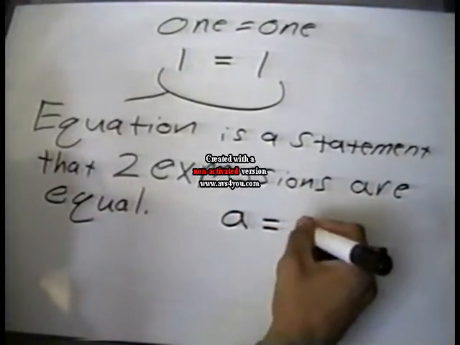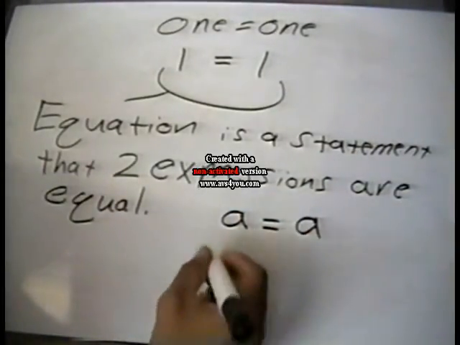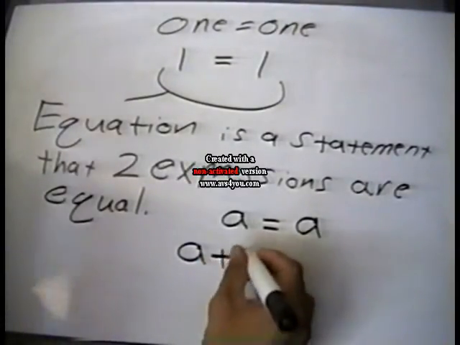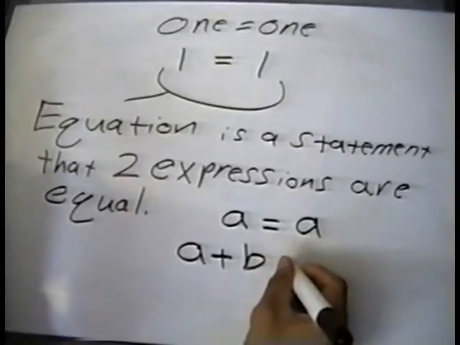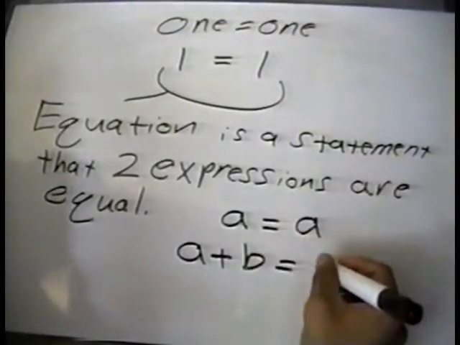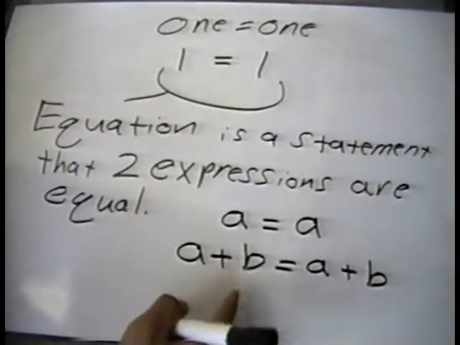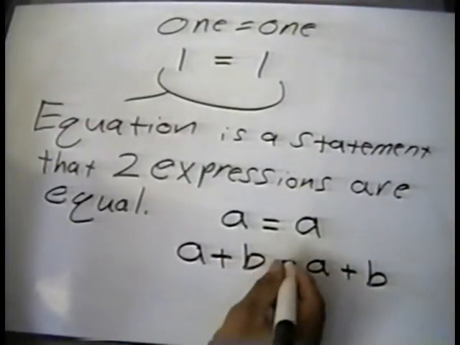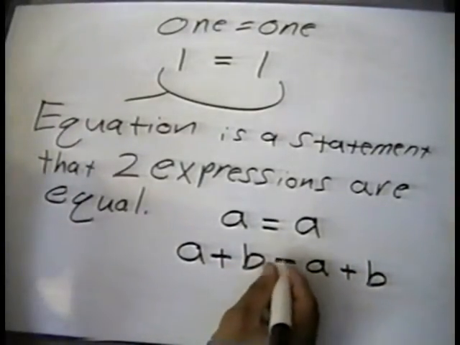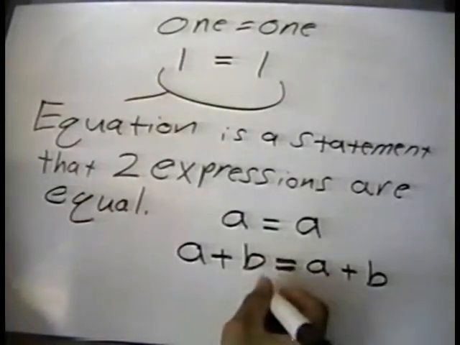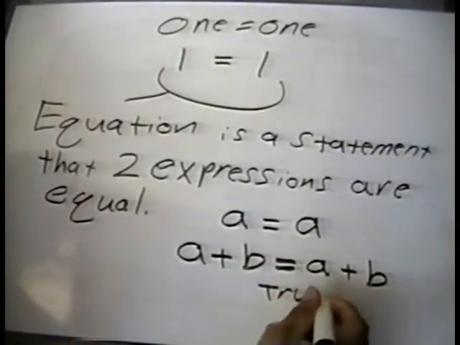Okay, when we perform the same operation on both sides of an equation, the equation remains true, meaning if it was true to begin with. So we know that A equals A. If I add B to both sides of the equation, then the equation will remain true, or the equation remains balanced.